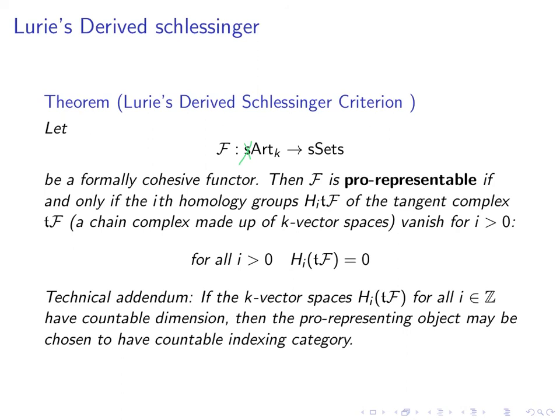Anyways, this functor F is pro-representable if and only if the ith homology groups of the tangent complex vanish for i greater than 0. And a technical addendum is that if the k-vector spaces that form the homology groups have countable dimension, then the pro-representing object may be chosen to have countable indexing category.